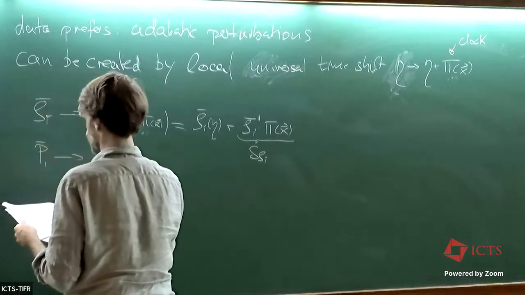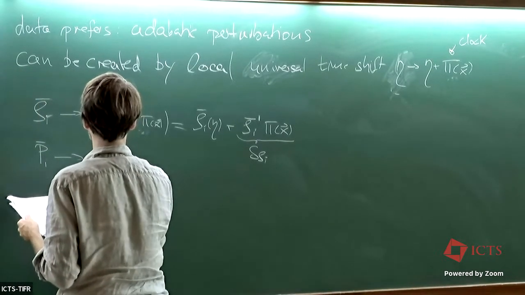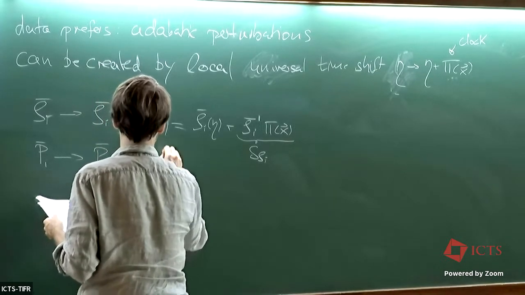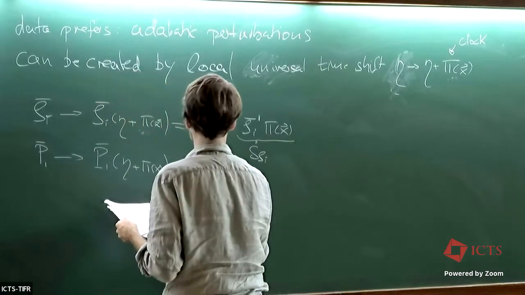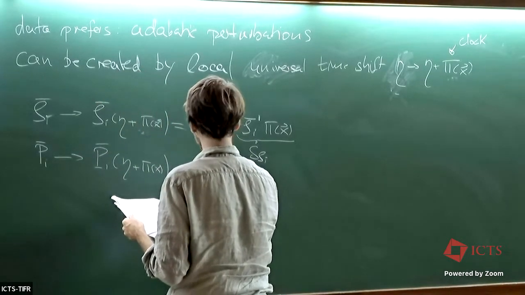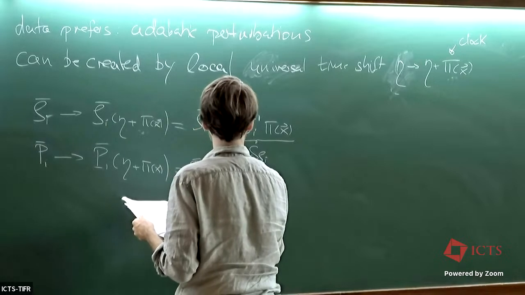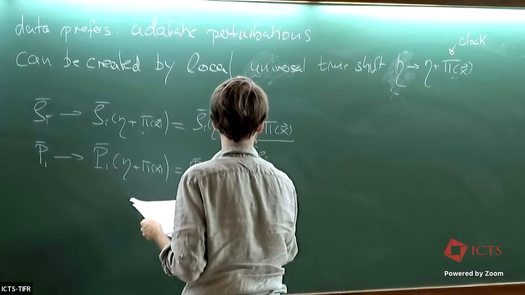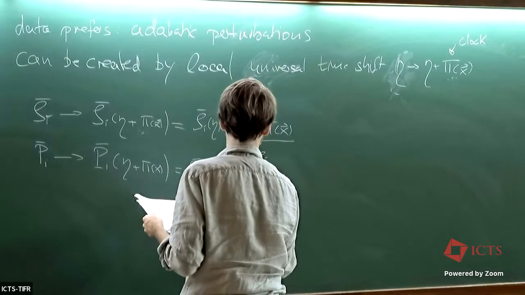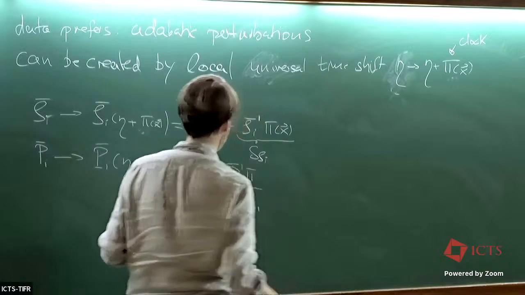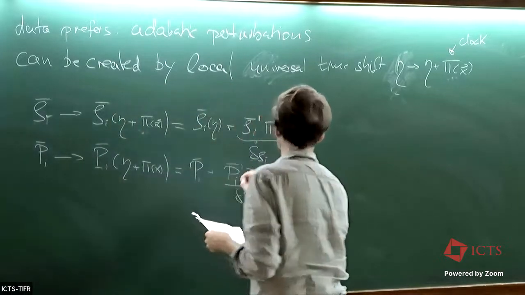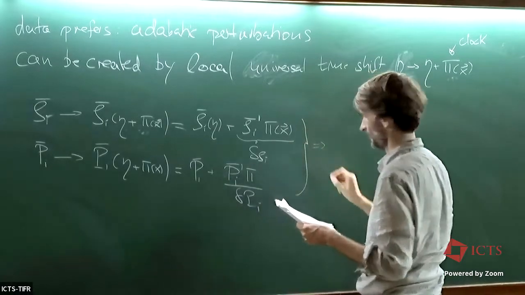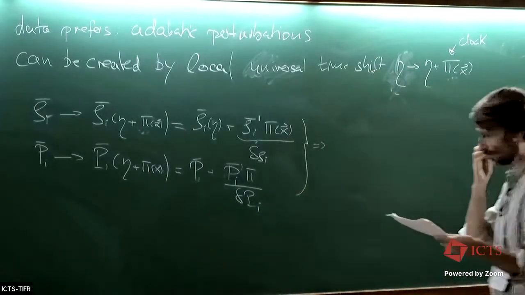So let's do it for pressure too. It's exactly the same story. You do the shift, you Taylor expand, and you get the derivative times pi, and this is what you call the pressure perturbation of the ith component of the fluid. And from these, you can derive relations between these perturbations.